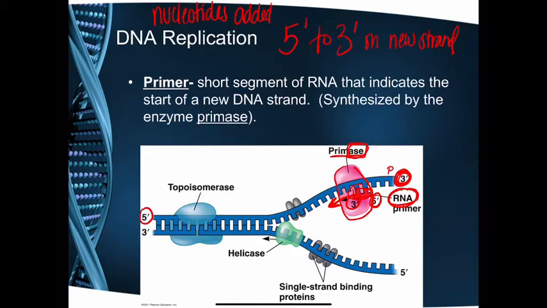We're making it 5' to 3' on the new strand. We are reading 3' to 5' on the parent strand. That may be one of your questions on your Google assignment today, okay? So DNA elongates on the 3' end, all right?